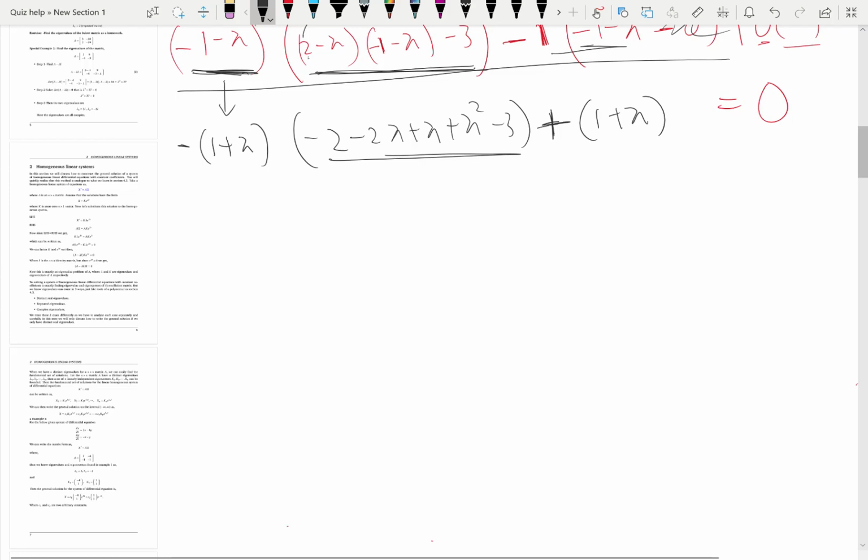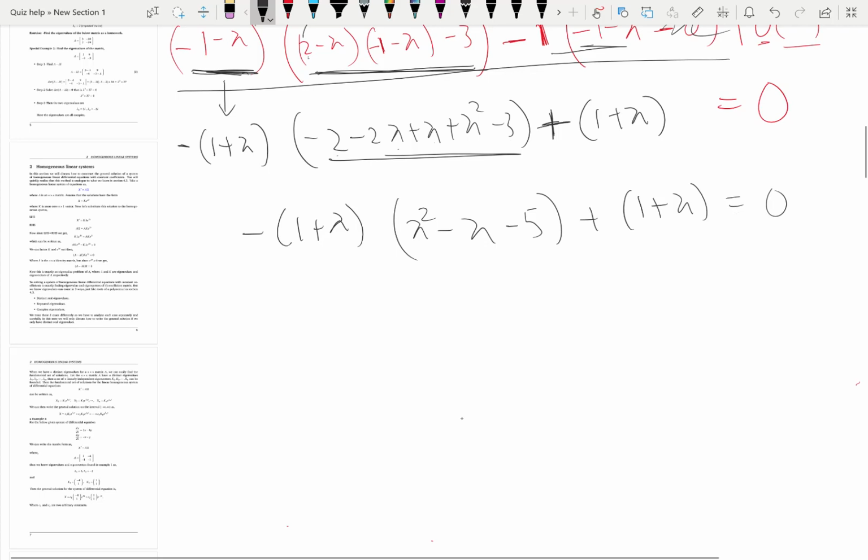Now simplify this further. Inside the brackets it's lambda square minus 2 lambda plus lambda, negative 2, negative 3, negative 5, plus these brackets. Why do we have these brackets? Here you have a polynomial, and you have to find its roots. This is a third degree polynomial, because you have a 3 by 3 matrix, so you get a cubic polynomial.